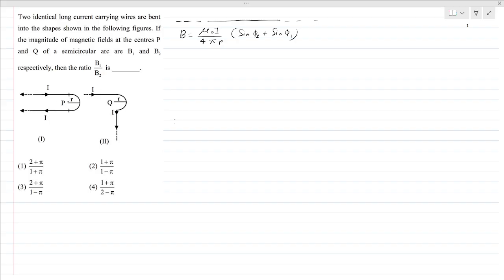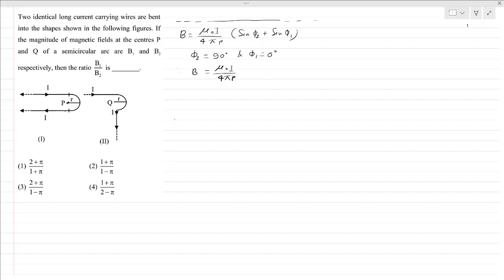So here you can see this point is basically the end point of an infinitely long current carrying wire. So for an infinitely long current carrying wire, we know phi 2 equals 90 degrees and phi 1 equals 0 degrees. Therefore, we can write B equals mu 0 I by 4 pi r.